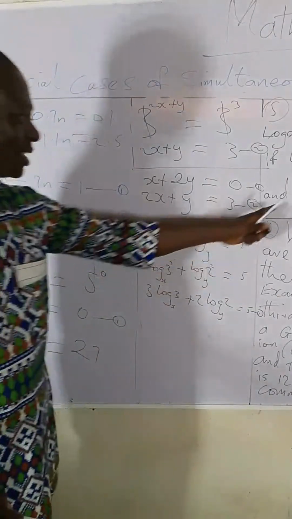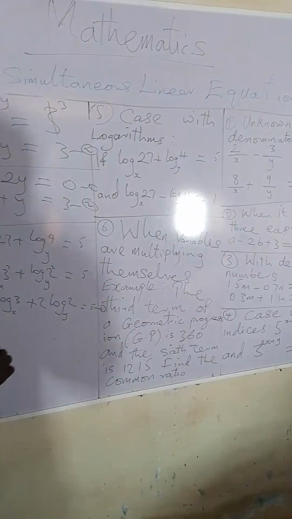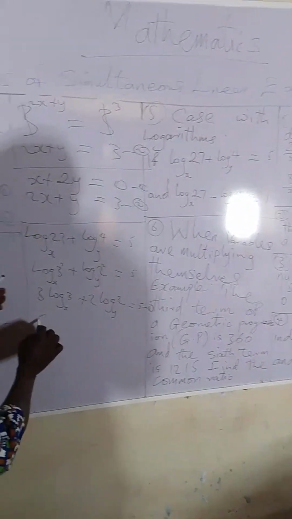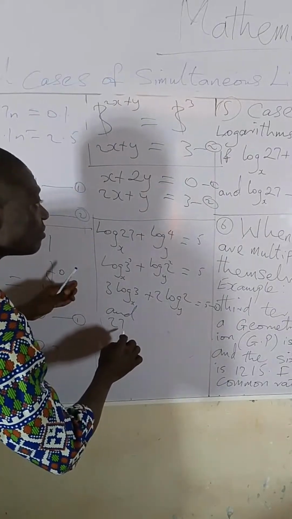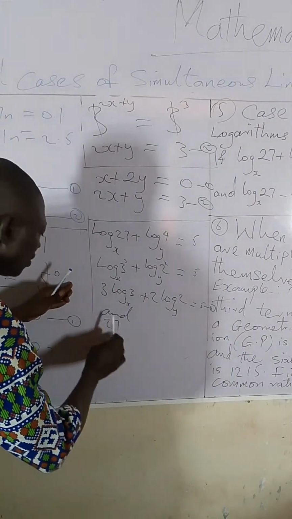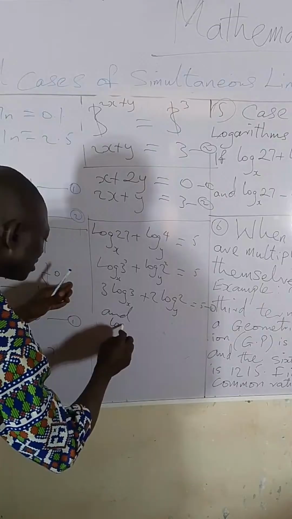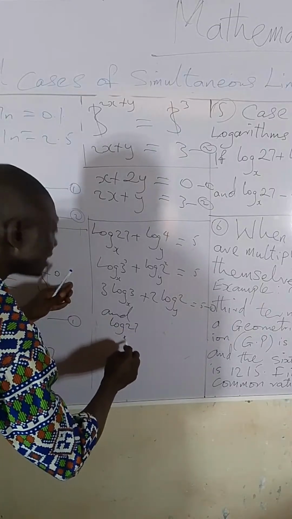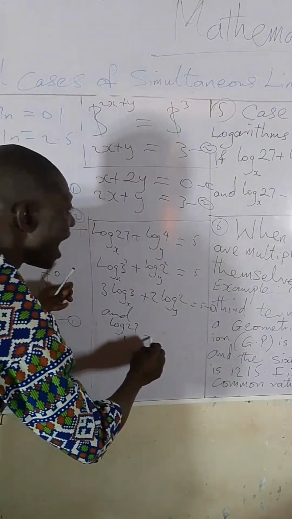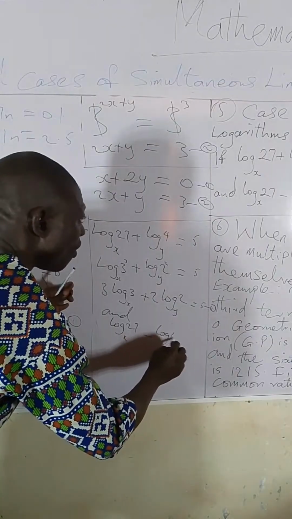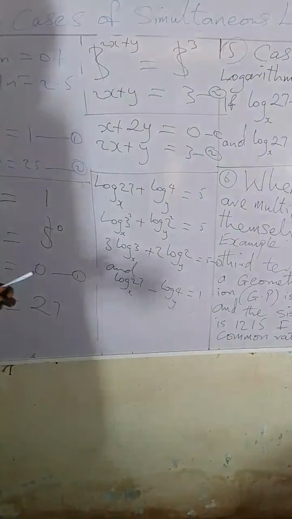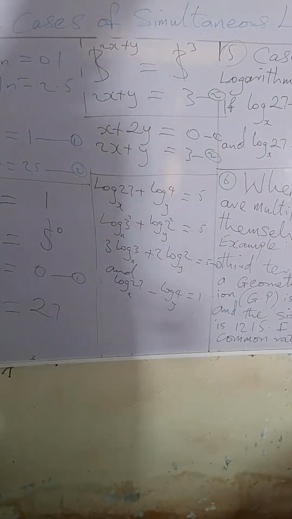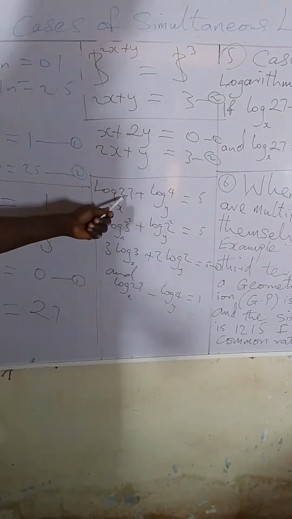And so we pick up the next one, which is 27. So we say log 27 in base x minus log 4 in base y being equal to 1. All right. What we're going to do in that particular number is to do it the same way we did it here.